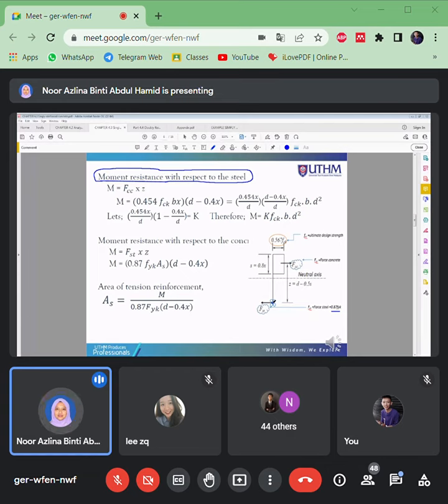To calculate the moment, it should be force multiplied by length. That means FCC calculates the moment at this point. So this force of FCC is multiplied with the Z here.